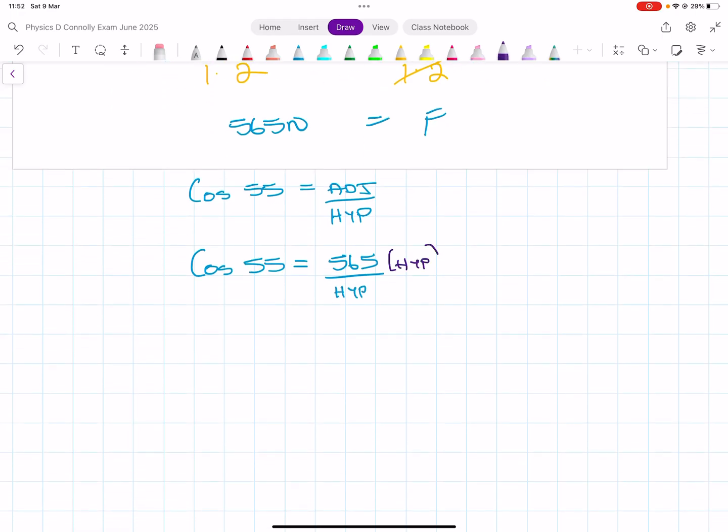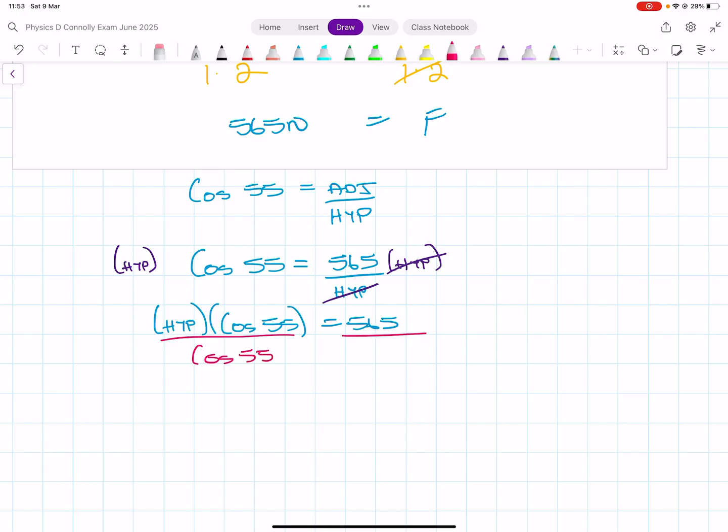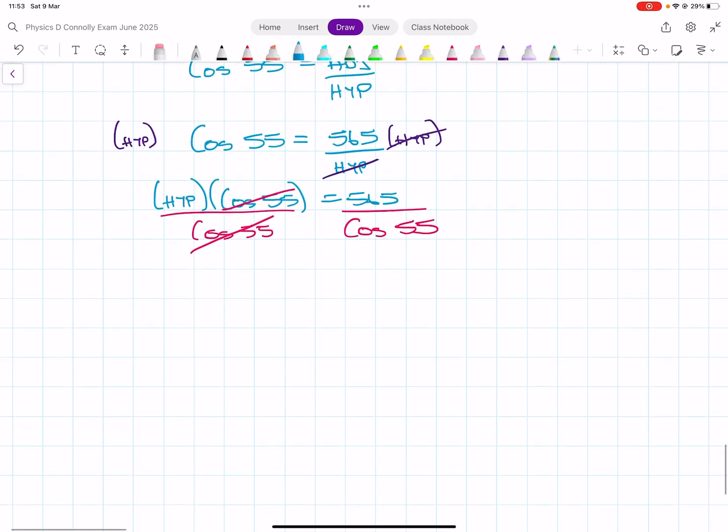Multiply across by the hypotenuse, so the hypotenuse times the cos of 55 equals 565. Then divide by the cos of 55. So the hypotenuse, the one we're looking for, is 565 divided by the cos of 55, which is 985 newtons. That is the tension in the cable.